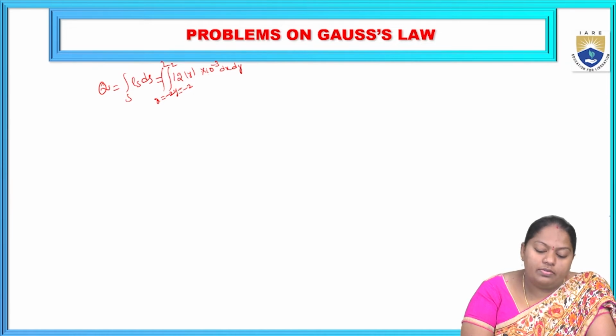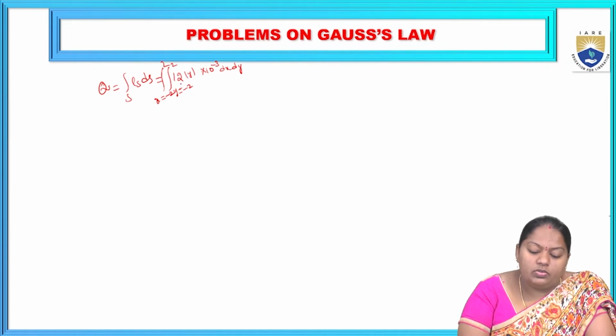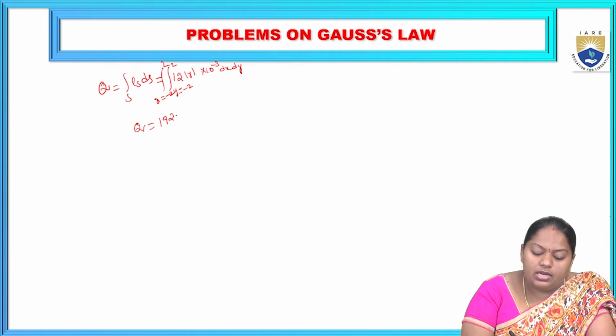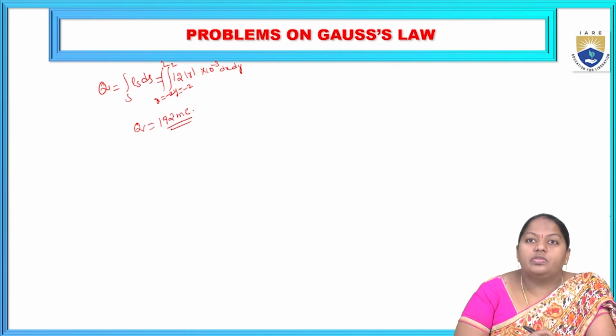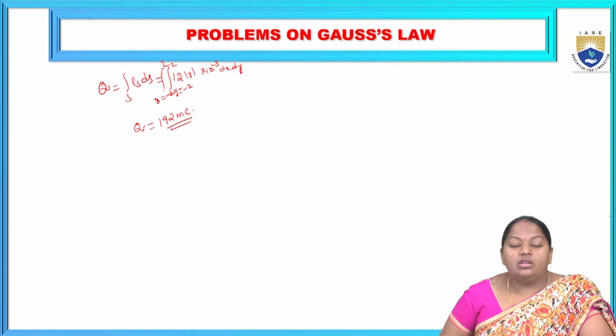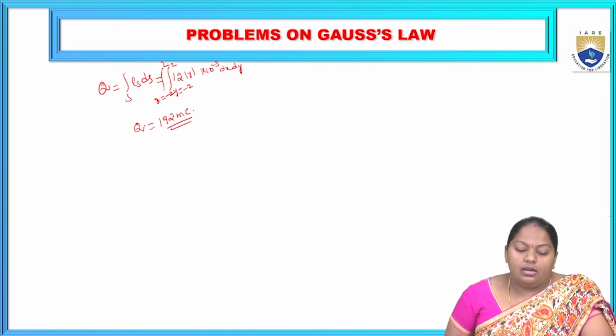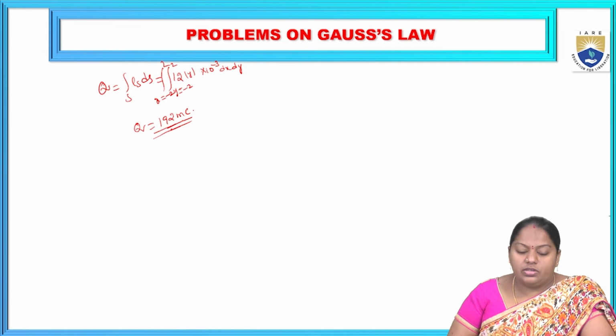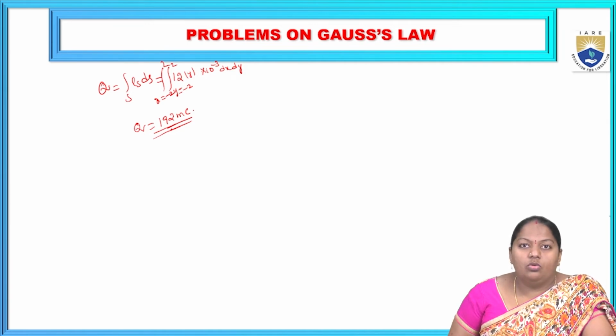So this is the way: if you evaluate this, 12 into minus y is for the negative values and y is for the positive values. Like that, the complete value for q is obtained as 192 millicoulombs. Generally, the charge is measured in coulombs, and already it is represented in milli, hence we write the unit for charge as 192 millicoulombs.